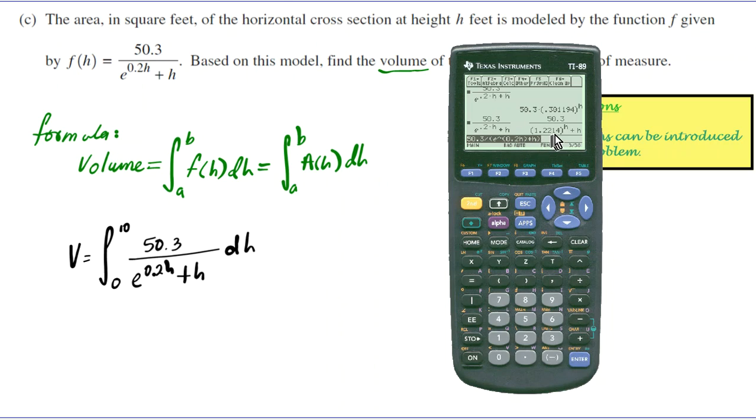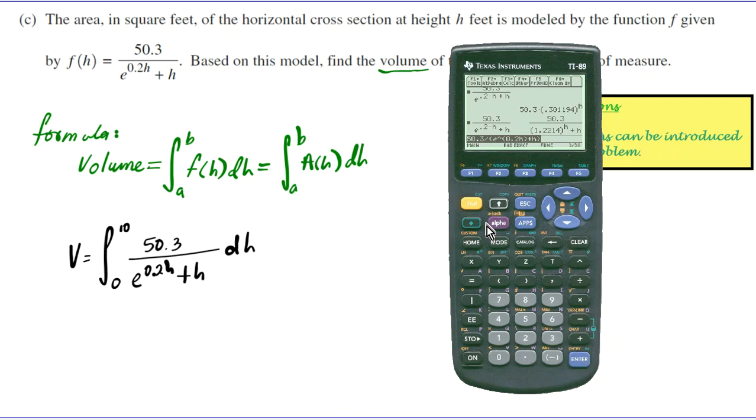Now it's converting e to an approximation, so you can easily fix that by changing your approximation setting from automatic to exact. Okay, so enter.